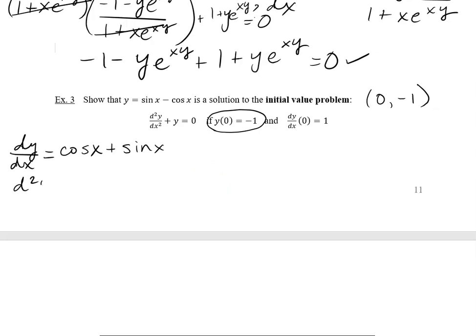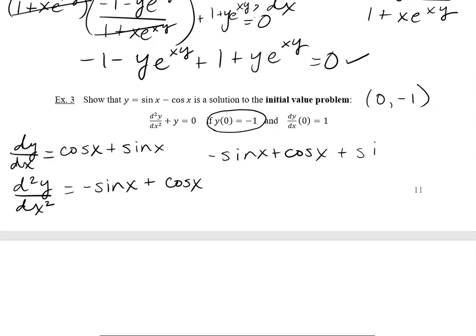I'm mixing up my negative signs. So the second derivative then would be negative sine x and then plus cosine x. So if we substitute that into the differential equation, we have negative sine x plus cosine x plus the y expression, which was sine x minus cosine x, and that of course does simplify to 0. So we're good to go there.